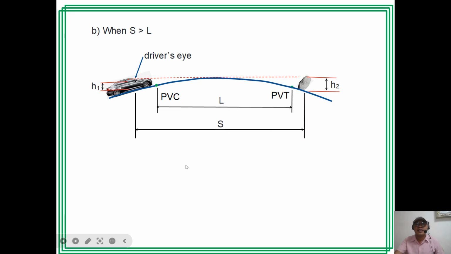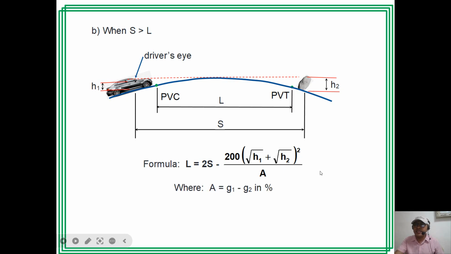Since S is greater than L, our formula becomes: L equals 2S minus 200 times the quantity square root of H1 plus square root of H2, squared, over A, where A is still the difference in the grades in percent.